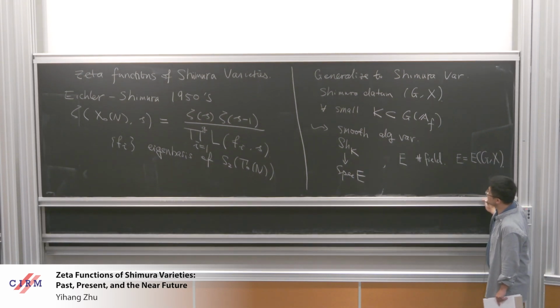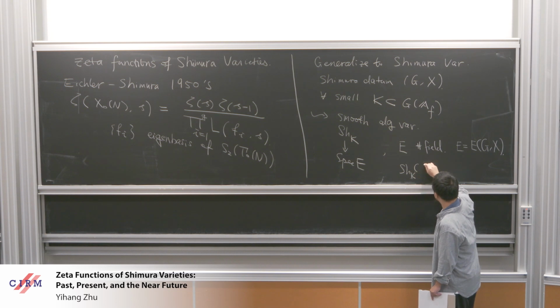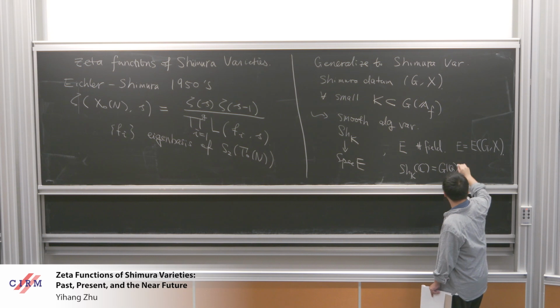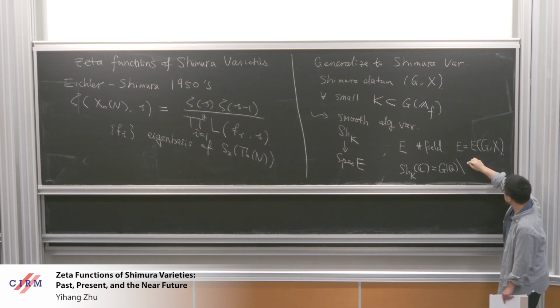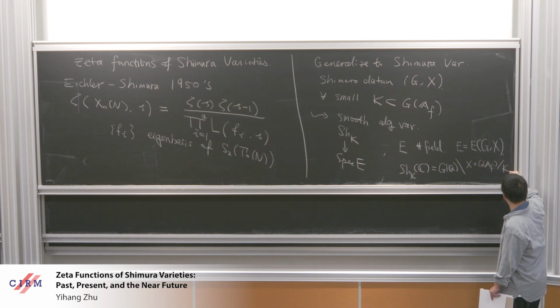Right. So here, as usual, the complex points of this variety are identified with the double quotient, G(Q) acting diagonally on X times G(A_f), and you mod out by K on the right.